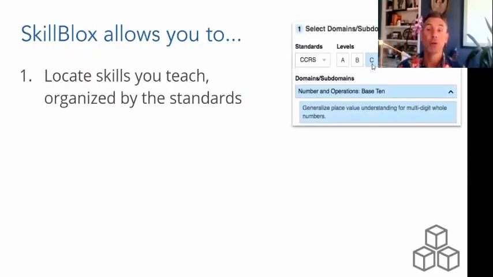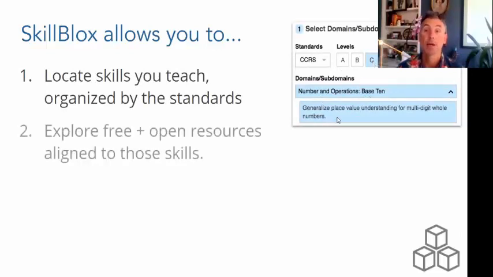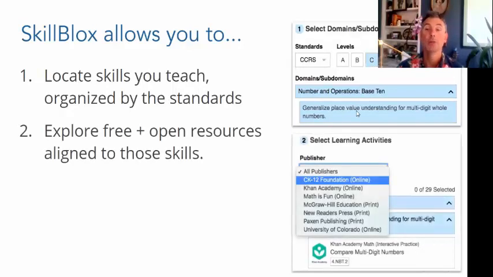And so what you'll see in a second is you can click on a level, and then you can see the domains, and then you can click on a subdomain. And then when you do that, you'll see all of the related learning activities that are aligned to the standards in that subdomain.